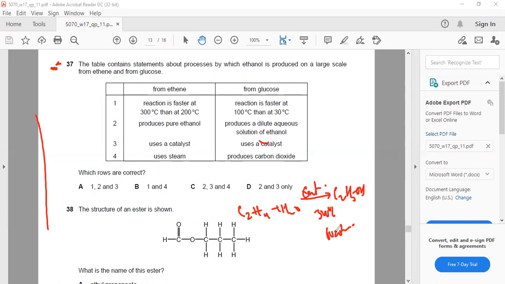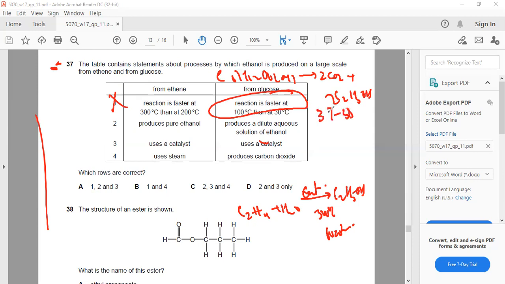From glucose, do you remember this equation: C6H12O6 fermentation, 2 carbon dioxide plus ethanol. From glucose is wrong because we carry out the reaction around 37, 38 degrees, not at high temperature, because enzyme gets denatured.